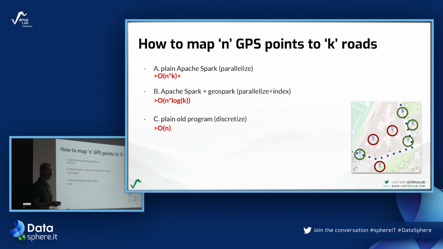All you do, and we'll see that in the code later, is take your one data set and the second data set, and just join them together. That's all you do. Underneath, it actually uses indexing on the spatial data structures that will make this complexity n points times log k, the number of roads.